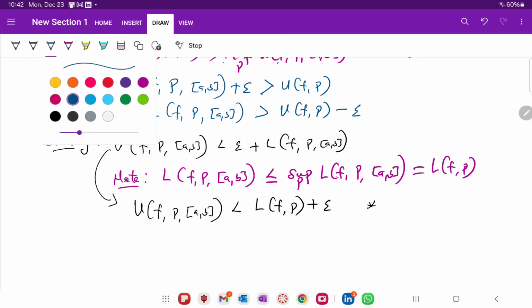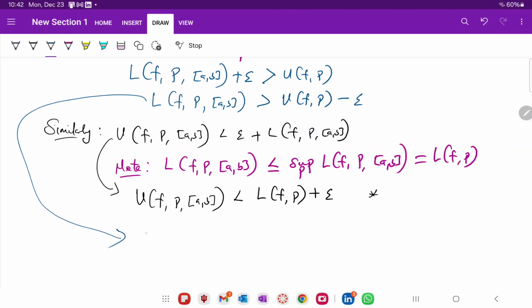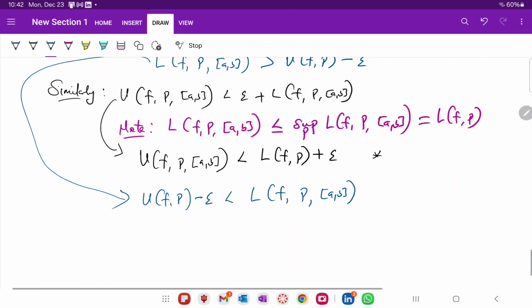So this is the same thing that we have: U of f, P minus epsilon less than the lower Riemann sum. So then what do we have?